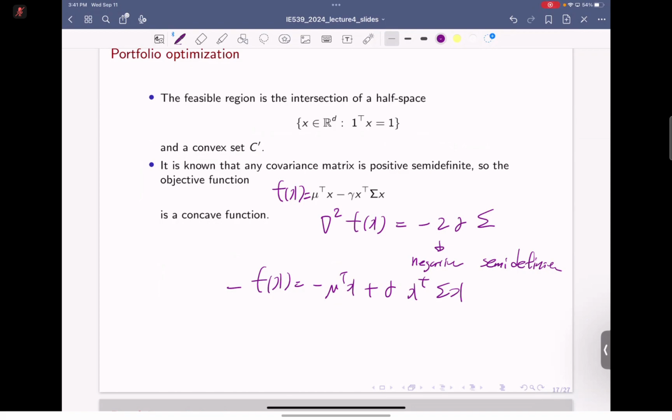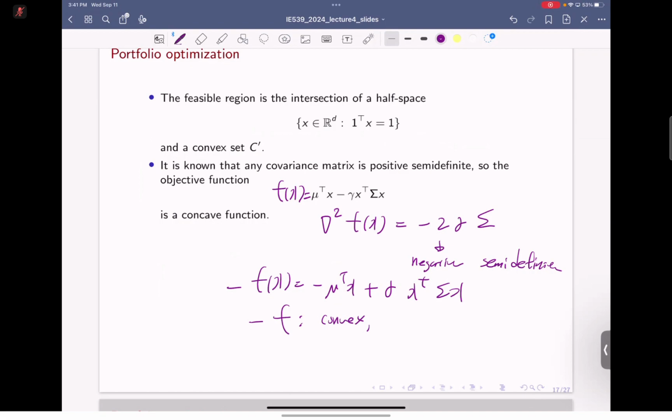So what it means is that minus f is convex. So the original function f, before taking the negative sign, was concave. So you were maximizing a concave function.